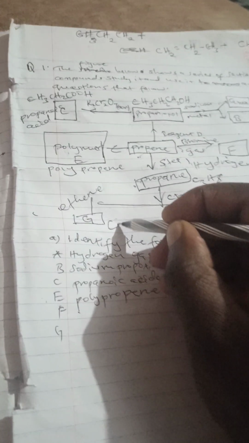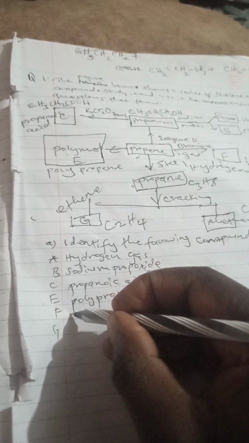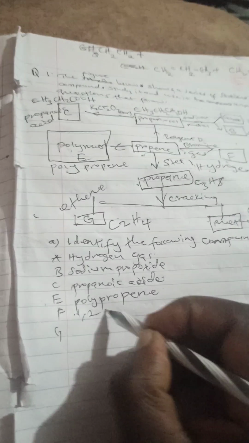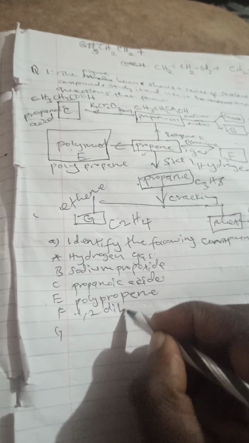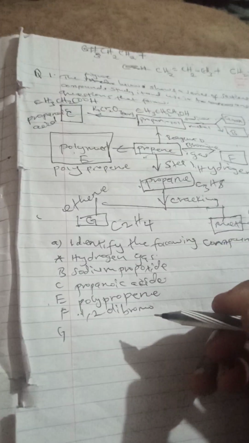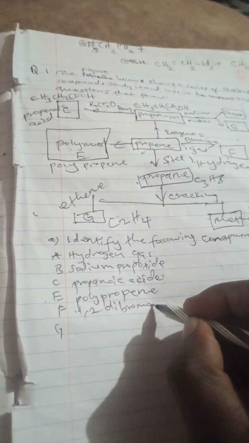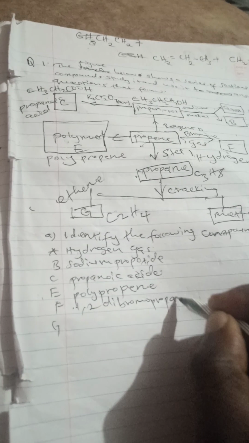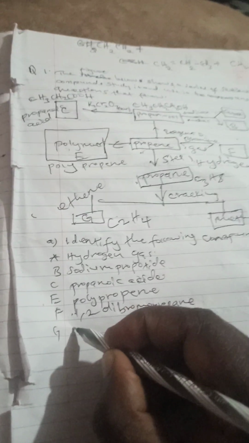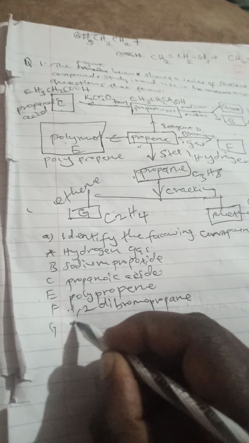Compound G is known as ethene, and ethene is C2H4. So F is 1,2 dibromopropane, and G is ethene.